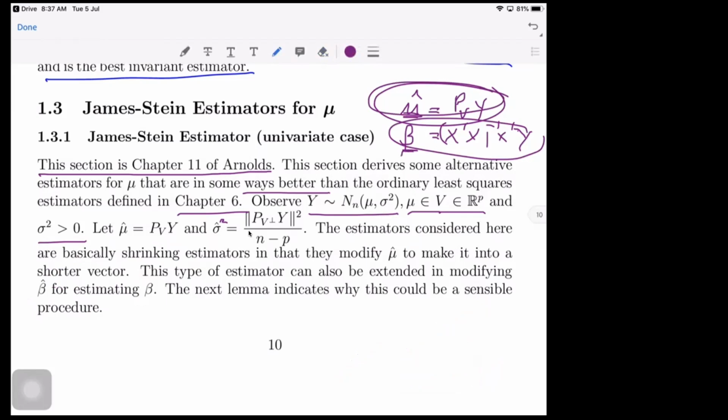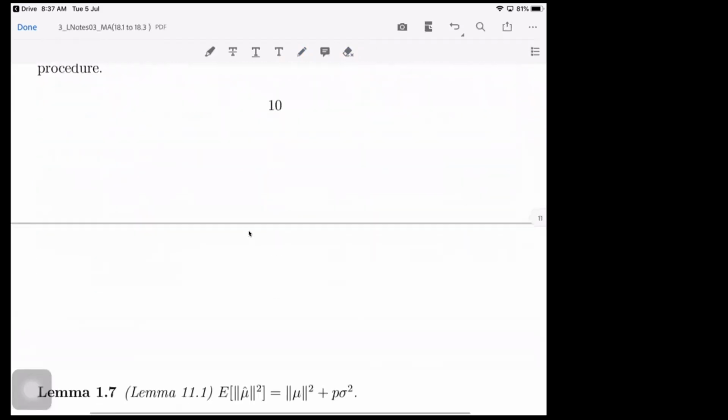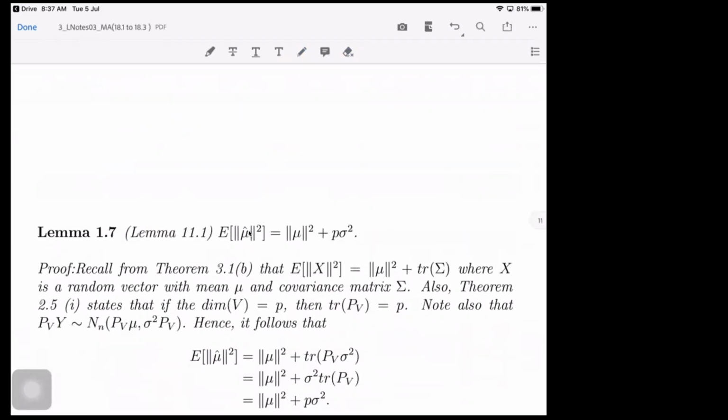So the next lemma indicates why this is sensible. This is a sensible procedure: can we have a shrunk vector to estimate mu? This is the lemma that talks about shrinking your mu hat to estimate mu.